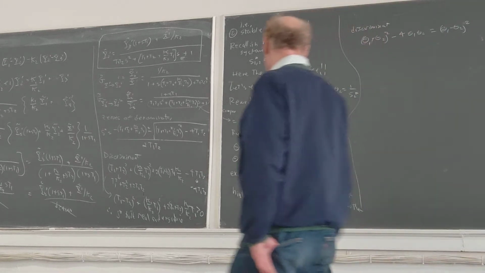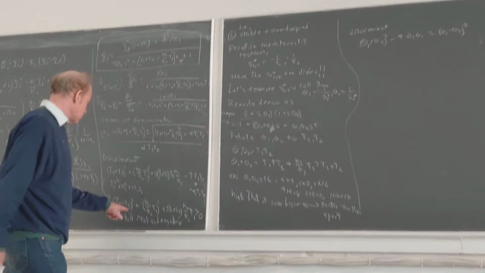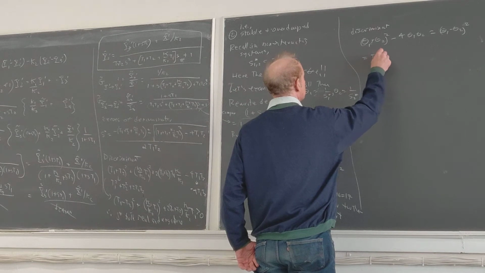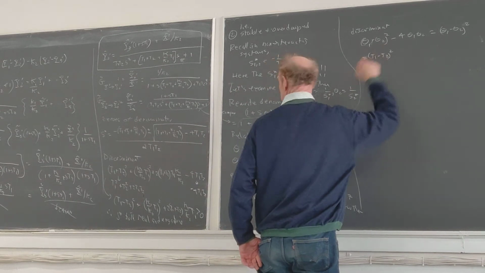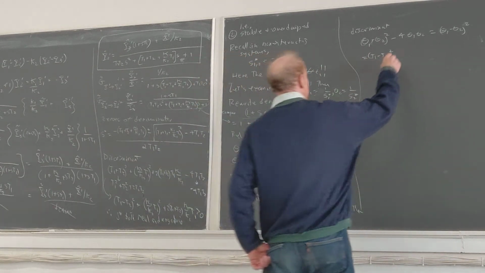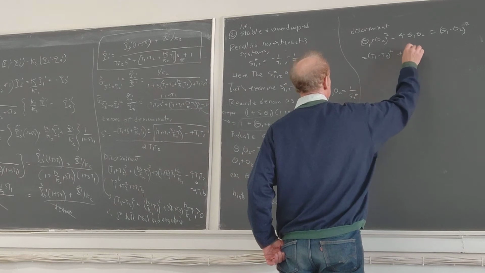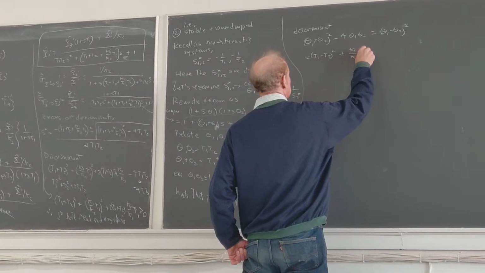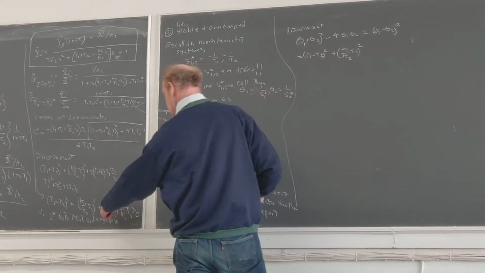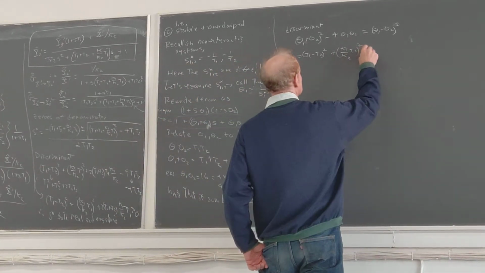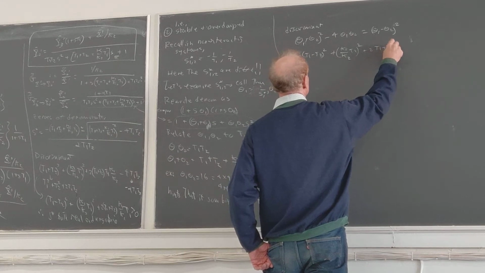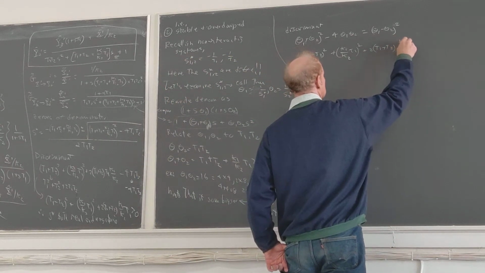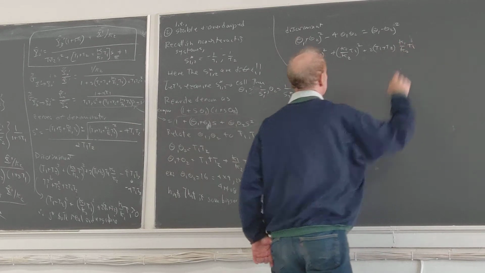Okay, so we had calculated actually what the discriminant is. That's equal to this thing. This is equal to T1 minus T2 squared plus K1 over K2 T1 squared plus 2 T1 plus T2 K1 over K2 T1.